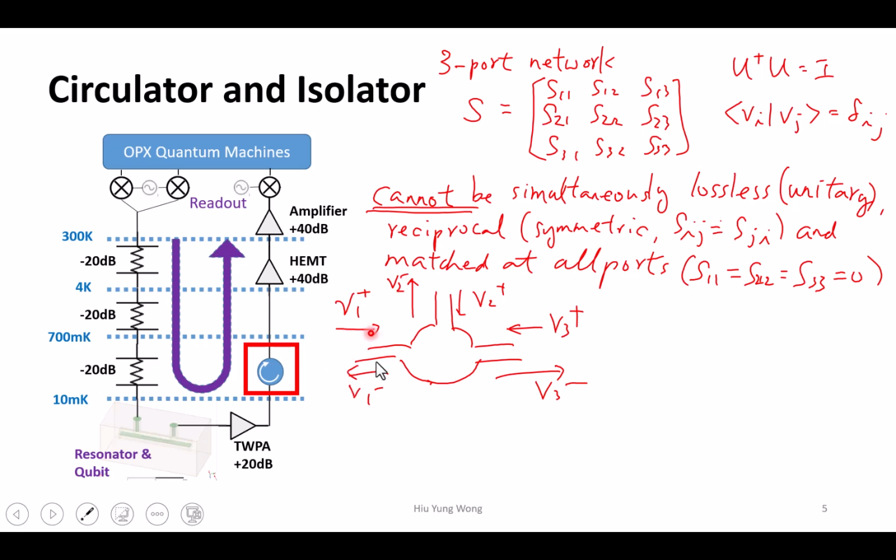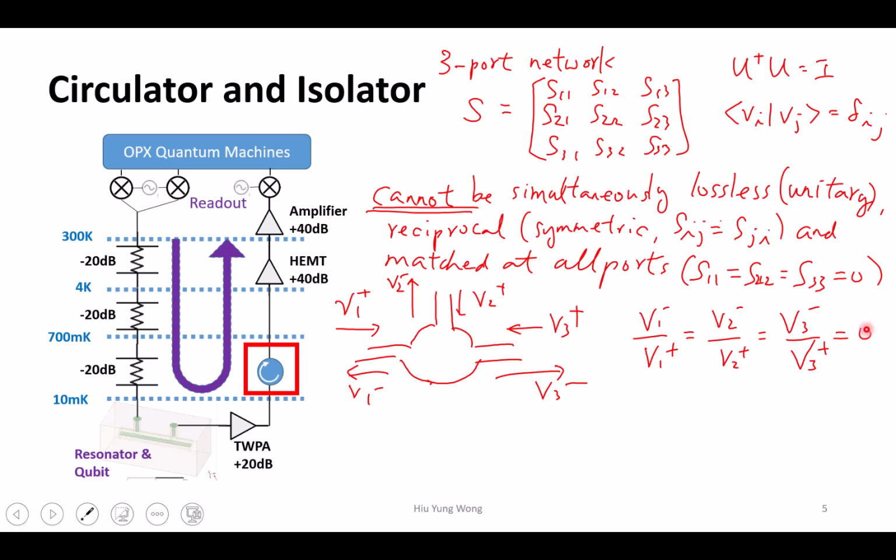So your signal goes in, some goes to other ports, some will get reflected, right? So when we say S11, S22, S33 equal 0, it's because we try to match it correctly, just like a transmission line. Then V1 minus divided by V1 plus equals V2 minus divided by V2 plus equals V3 minus divided by V3 plus equals 0.